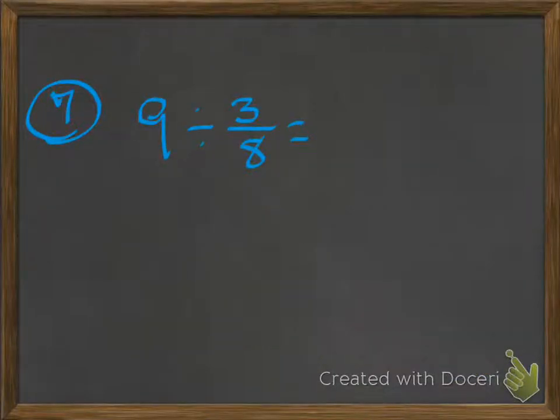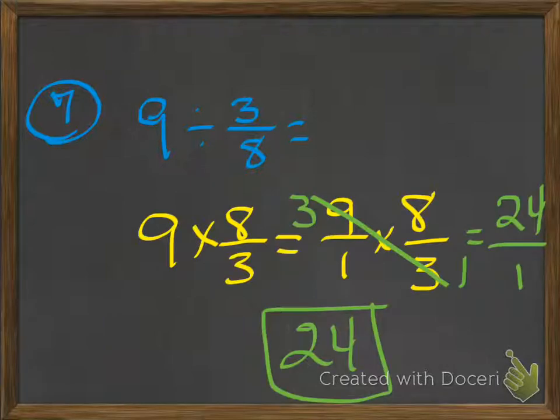Number 7, 9 divided by 3/8. Okay, so I took 9, and I'm going to change division to multiplication, and then 3/8, I take the reciprocal of that and make it 8/3.